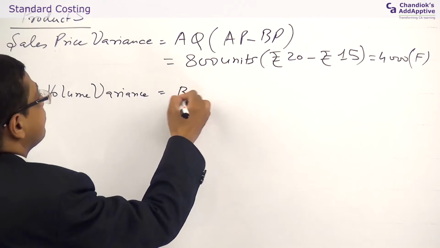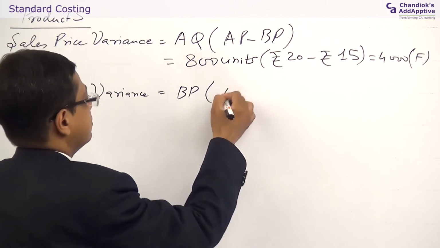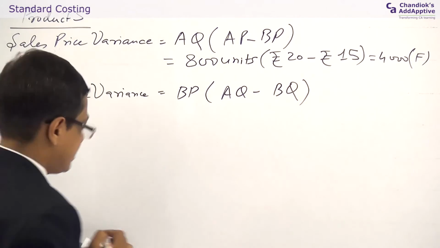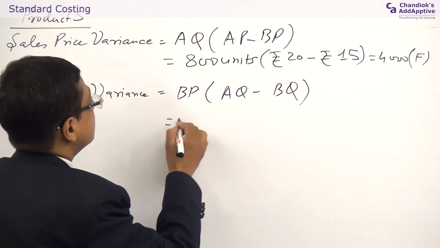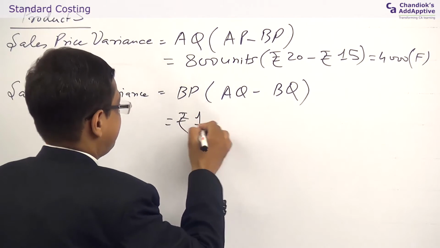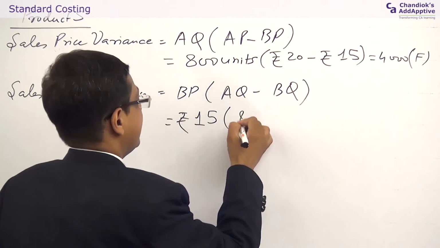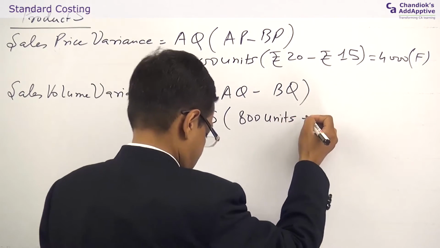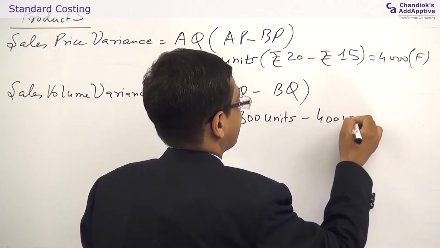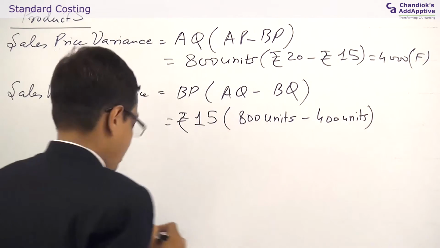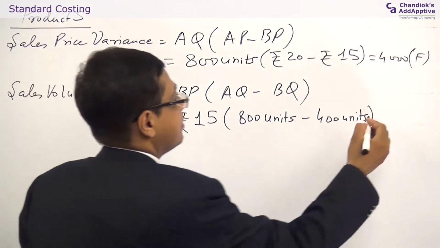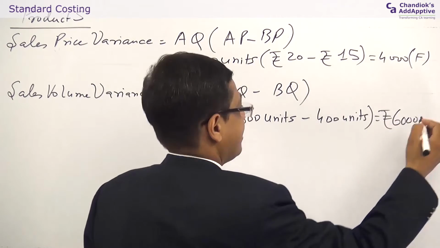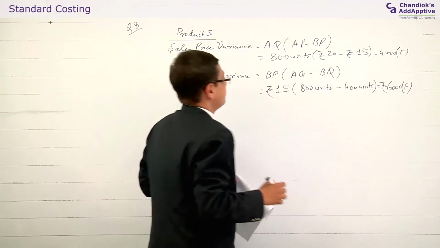This is budgeted price into actual quantity minus budgeted quantity. So this is rupees 15, 800 units minus 400 units. So if you solve it, it is coming at rupees 6000 and it is favorable.